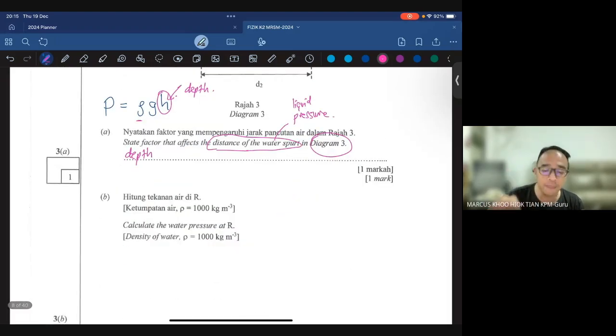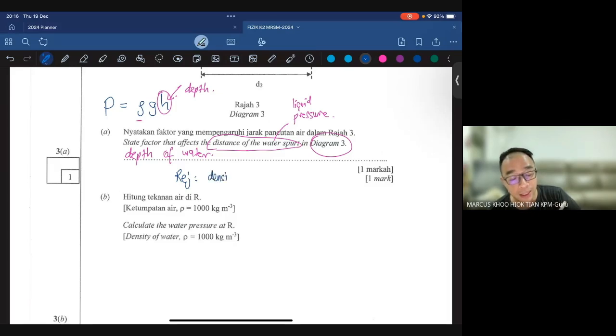In this diagram, the factor that affects the distance is the depth, the depth of water. If you have space, write it down there. We reject the answer density because it has nothing to do with this situation. In this particular situation, you have to be smart about this. The density is not considered. If you say height of water, height.